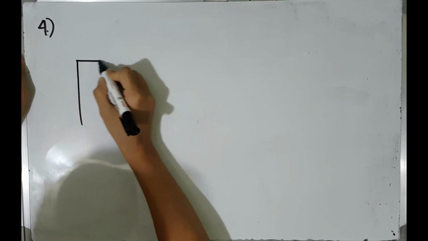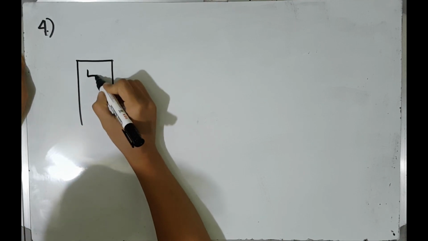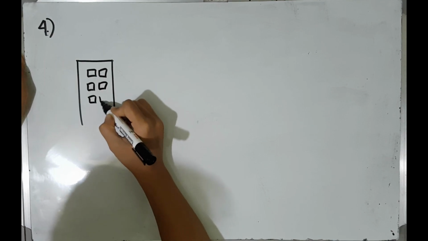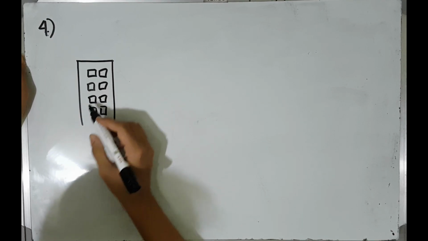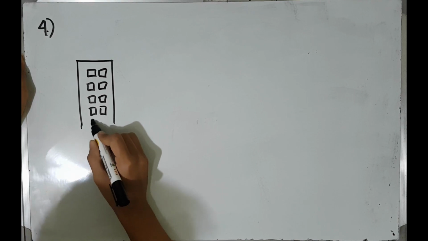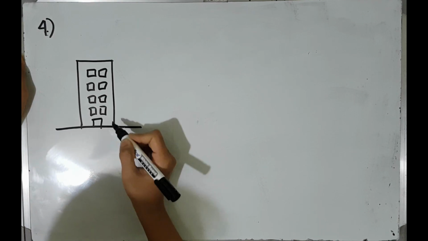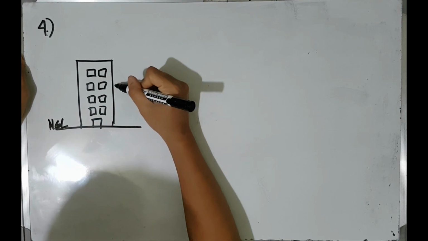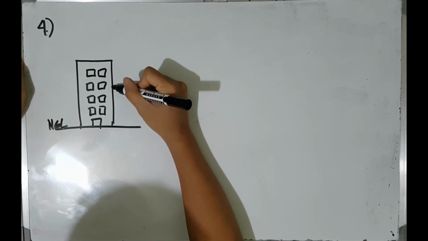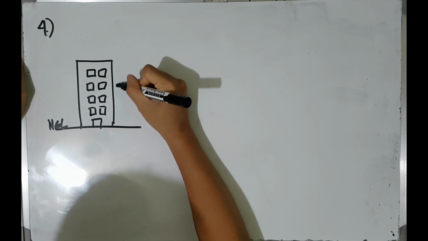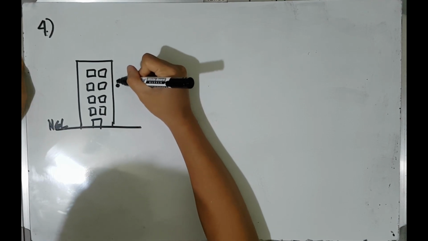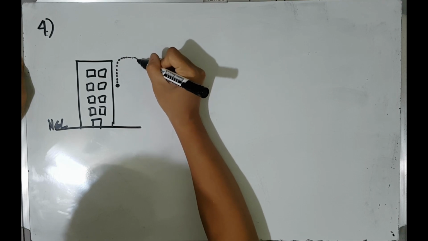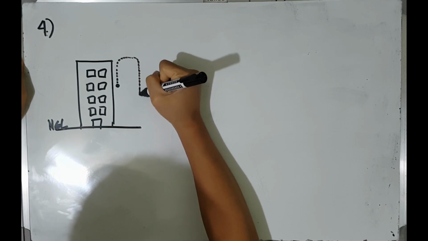So we have a building here. And a ball was tossed vertically upward 20 meters above the natural grade line, or in our floor line.